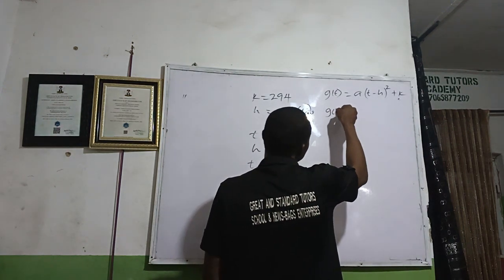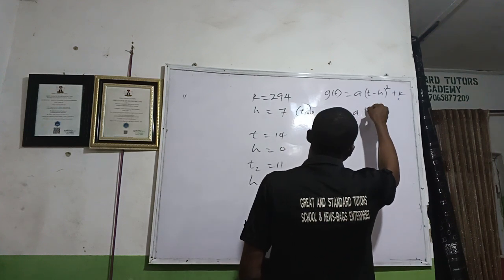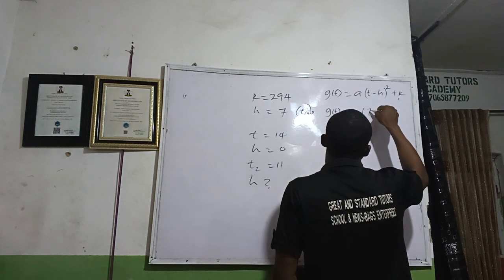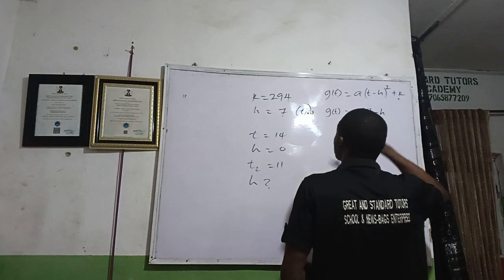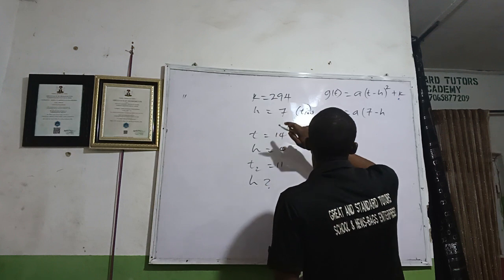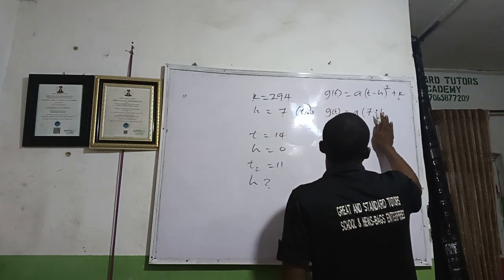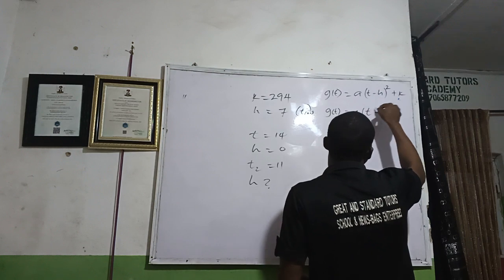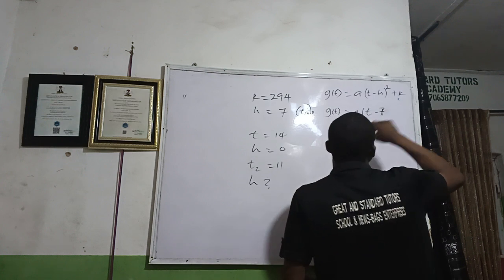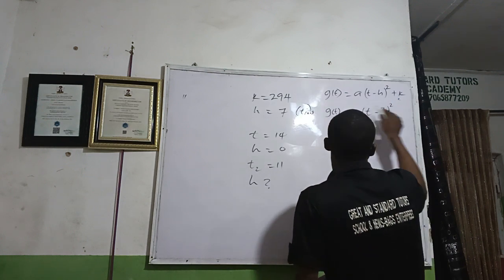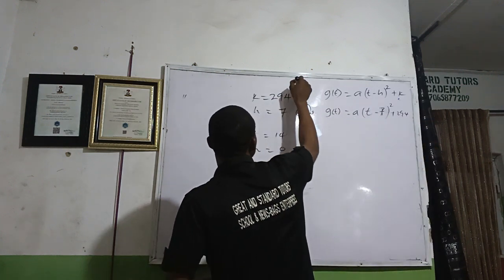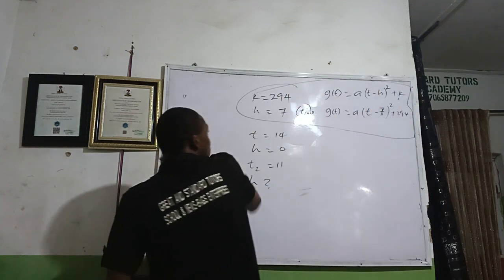So we have g of t equal to a, which is unknown for now, times (t minus 7) all squared plus 294. Yes, so that's the initial point for the modeling of the equation.